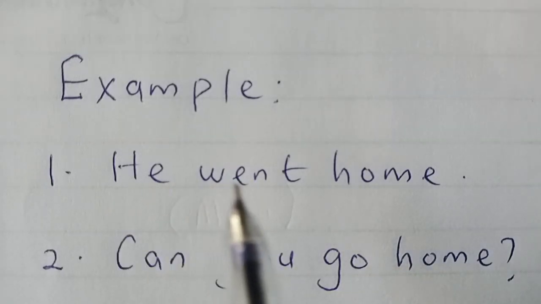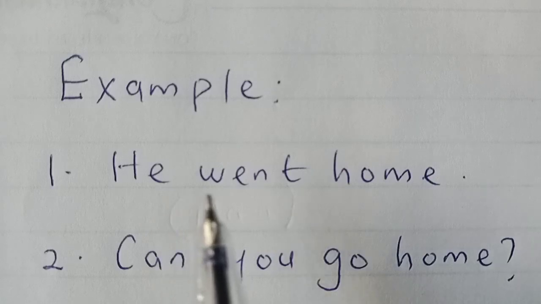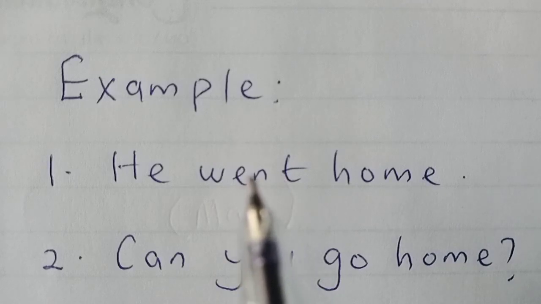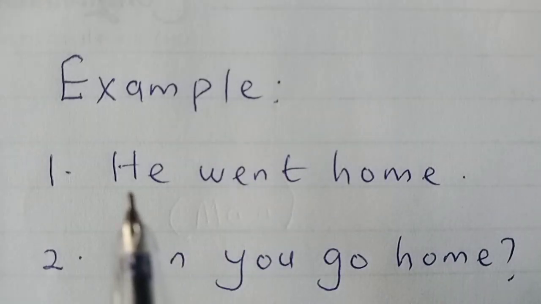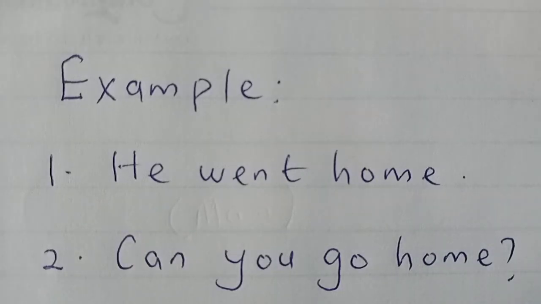And it can make complete, meaningful sense on its own. It's a clause because it has a finite verb. Went is a finite verb in this context because it agrees with the subject, he. And that is why it is an independent clause.